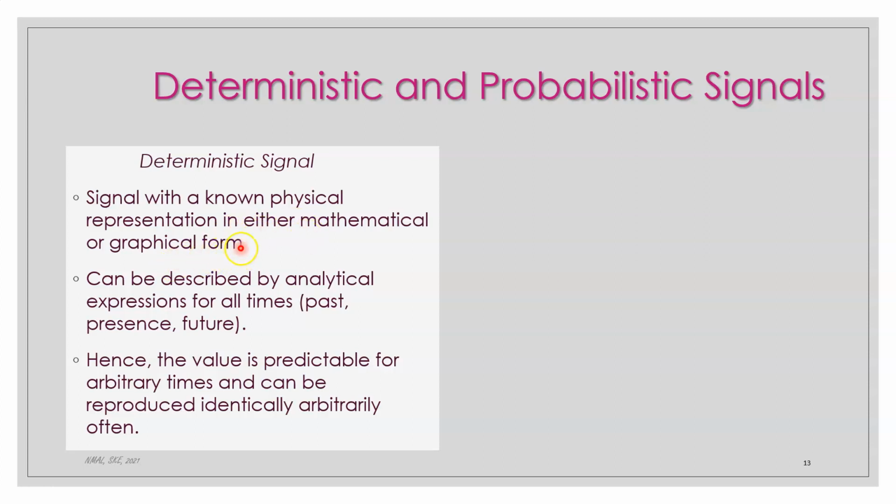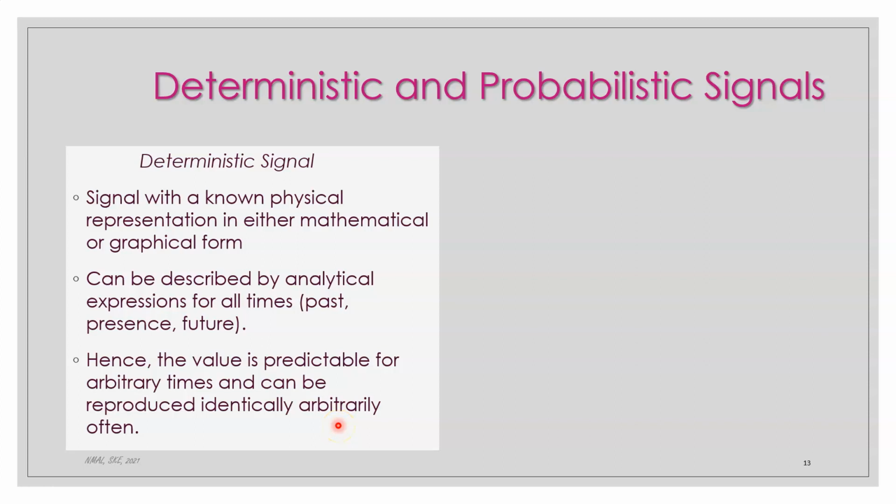We can represent that signal with an exact mathematical form. It can be described by analytical expressions for all times, past, present, and future. Hence the value is predictable for arbitrary times and can be reproduced identically and arbitrarily often.